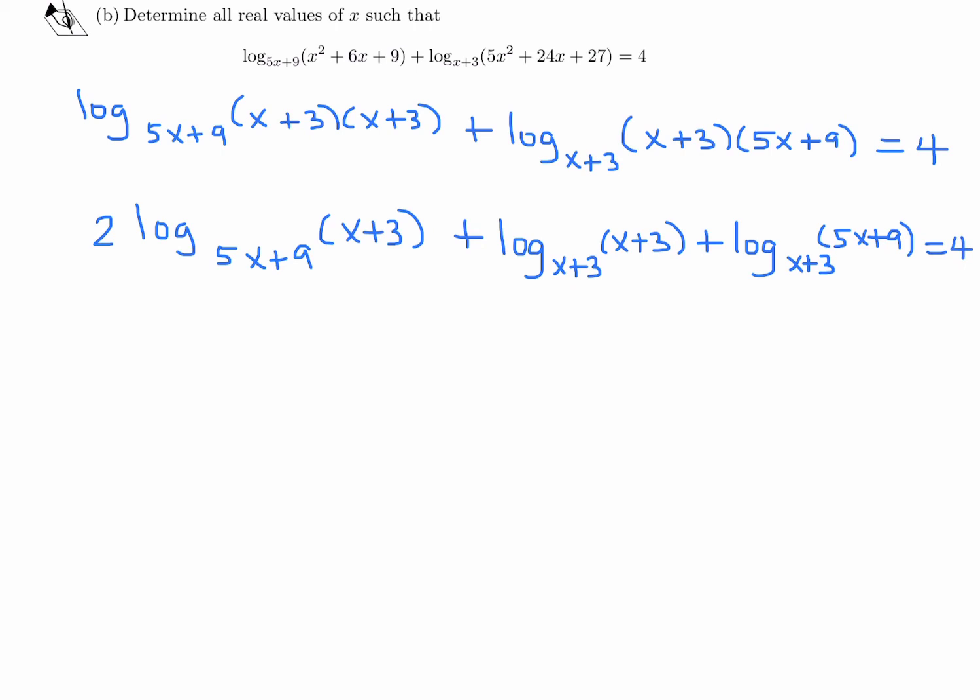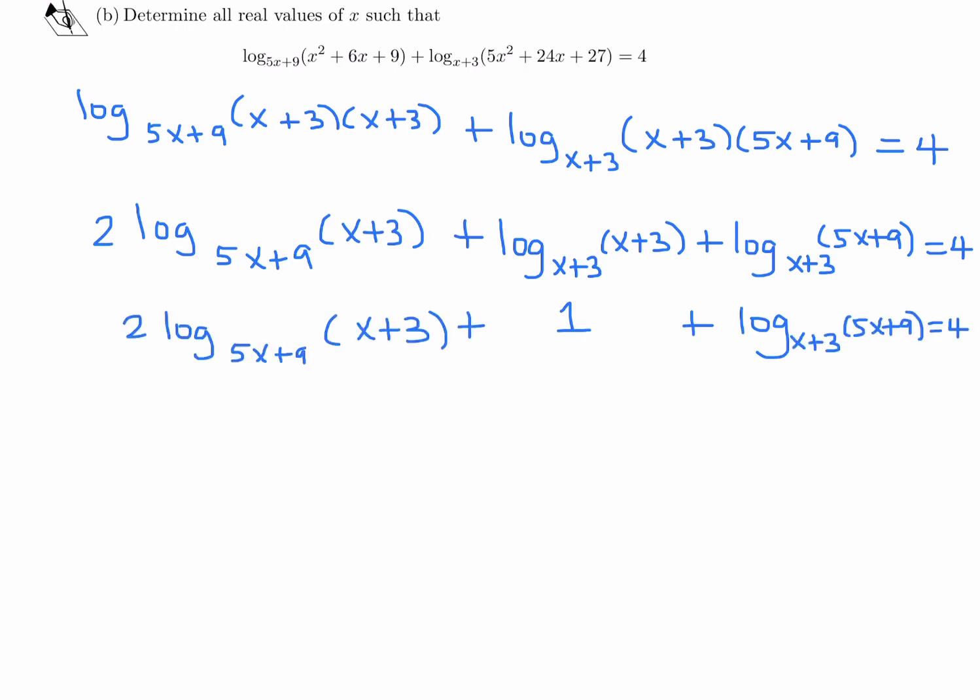Okay, now at this point, this guy in here is just 1, and this here doesn't change. The rest doesn't change. Now at this point we have to use a log rule. It's a very helpful log rule, and that is that the log of a to the base b is equal to 1 over the log of b to the base a.